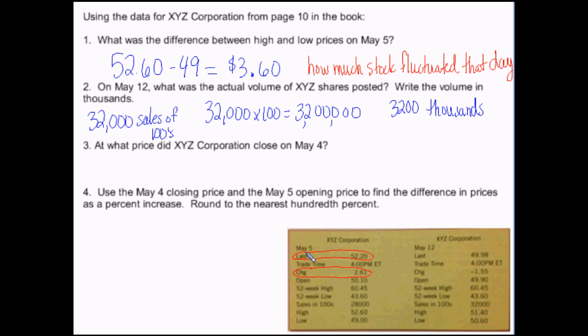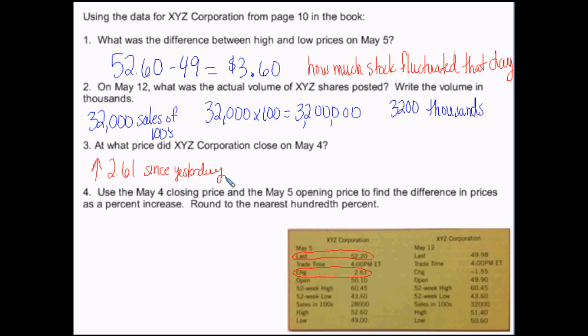Okay, so to figure out what price it closed at, we had a change of 261, and this is a positive number, so we've gone up 261 since yesterday. If this is a positive number, I want to subtract it from my last, because I went up and I'm trying to find yesterday, so I need to go back down.